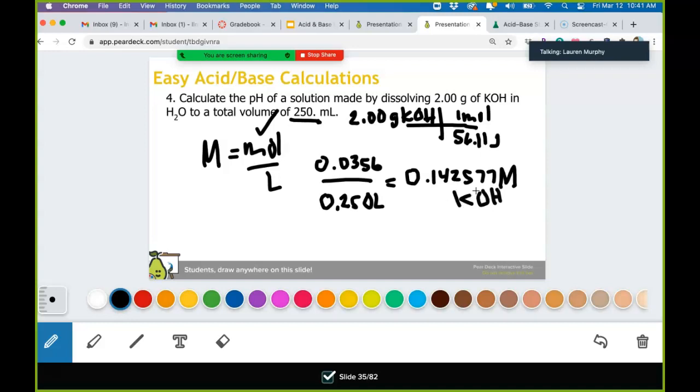Well, KOH is a base. So this molarity is for my hydroxide, right? So I could find pOH because I know the hydroxide concentration. It's this number.